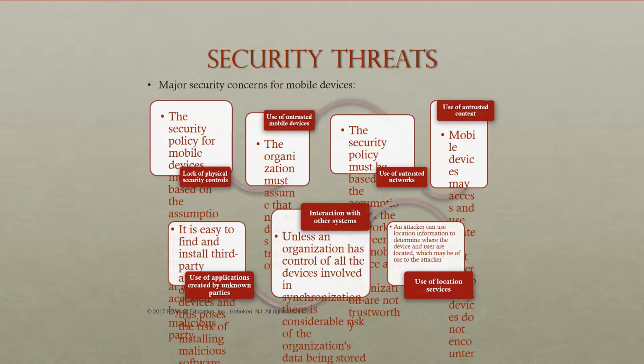Thus, traffic that includes an off-premises segment is potentially susceptible to eavesdropping or man-in-the-middle types of attacks. Thus, the security policy must be based on the assumption that the networks between the mobile device and the organization are not trustworthy.